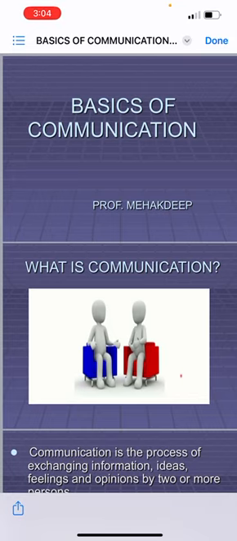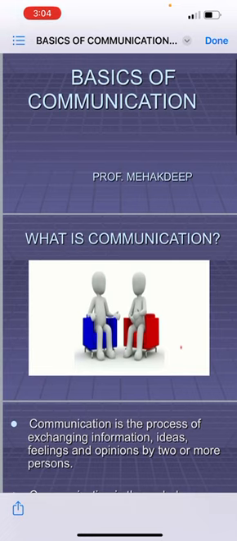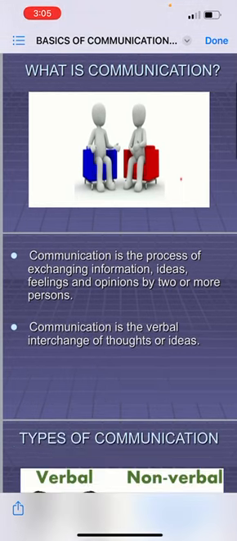First of all, look at the diagram here. There's a question, what is communication? Communication plays a vital role in our life. It is a very important part of our life. But what is it?